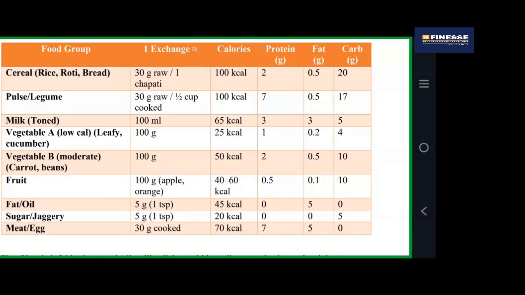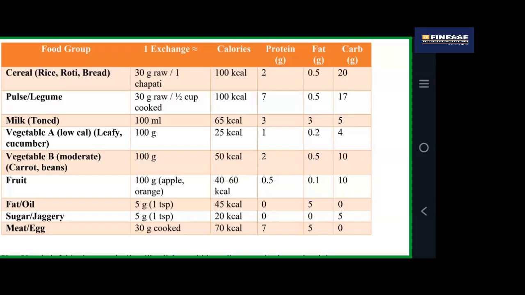When you make a chapati, the wheat ball you use is 30 grams. That one chapati of 30 grams will give you 100 kilocalories, 2 grams of protein, 0.5 grams of fat and 20 grams of carbohydrates. Did you understand?